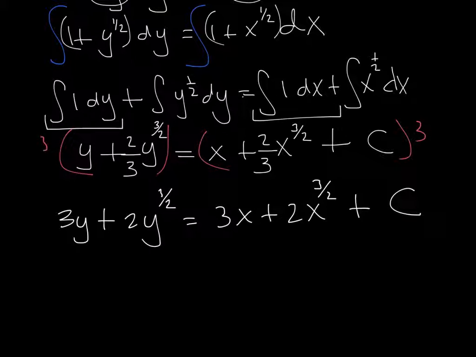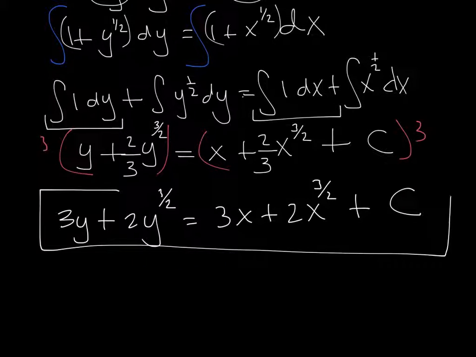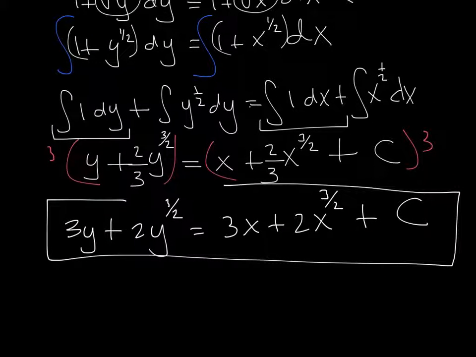So the function is not one-to-one. So this is our general solution, which is defined implicitly.